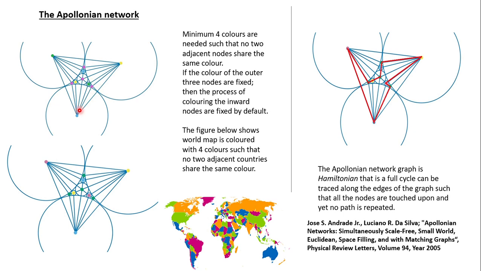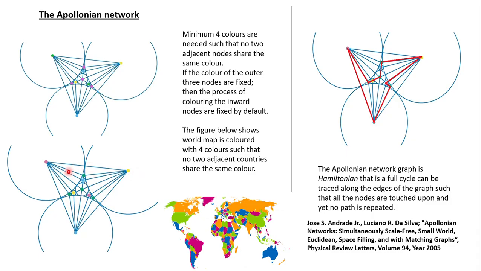So here, with green, blue and yellow fixed, we have pink, and the next, which has neighbors blue and yellow, will be green. It is just fixed by default.